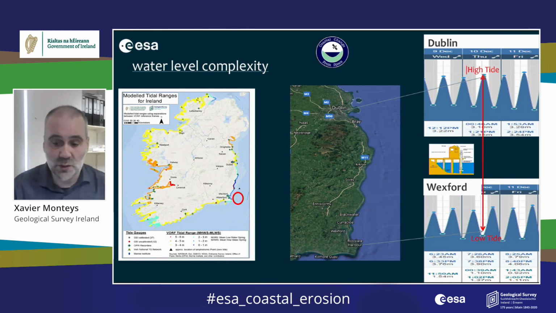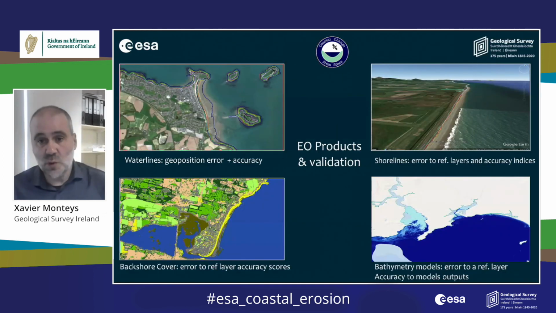all the coastal products. To summarize in one slide the key validation steps for each product that you will see in far more detail in the following 2 talks. In the water lines, we are attempting to assess geoposition errors and accuracy indices, narrowing it down to the pixel level. In the shorelines, we are looking at multiple reference layers and the errors associated with these.